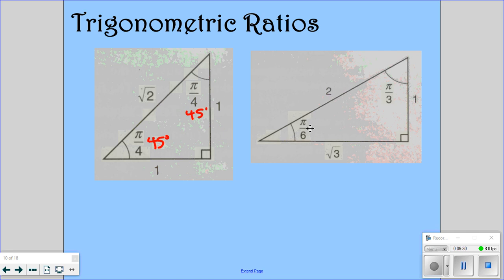And pi over 6 is 30 degrees, and pi over 3 is 60 degrees. And the book introduces these, or reviews these in radians. That is because for calculus, they're switching over to radians. Almost everything this year is going to be in radians. You will deal with degrees some, but for the most part, you're going to deal with radians.